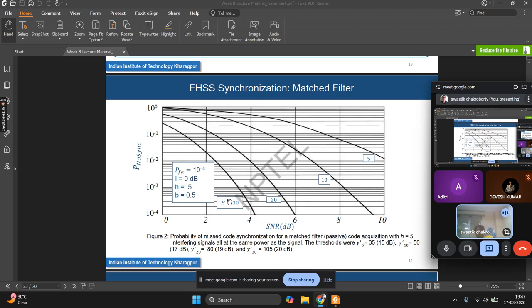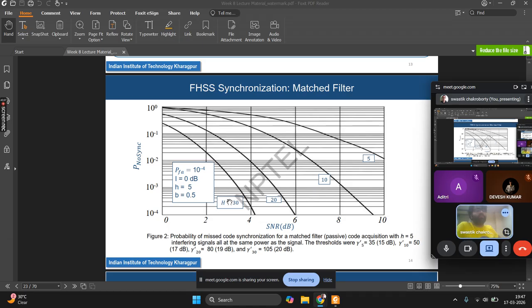Because if you have 30 hops, the frequencies are very finely separated. They are not broadly separated. So even if you lock onto a neighboring signal, you will say that you have achieved synchronization because the neighboring signal is not that far away from the actual signal.